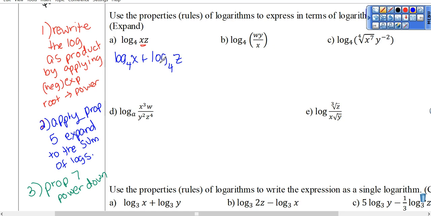Okay, here's the next one. So here we have a product and a quotient. Multiplying w times y, dividing by x. I say let's rewrite this as a product by taking this x that's in the denominator, bringing it up and changing its exponent from a positive 1 to a negative 1. So we have the log of a product.